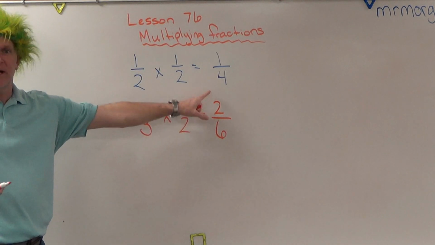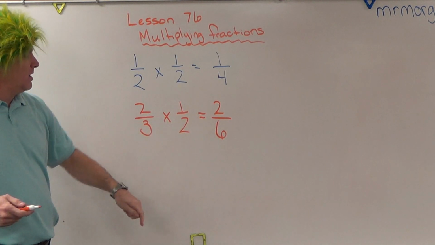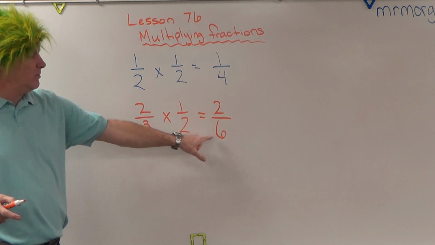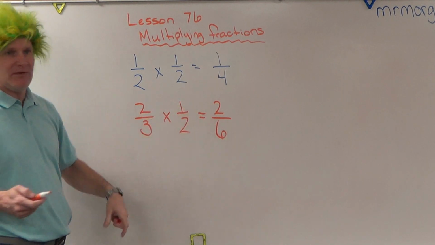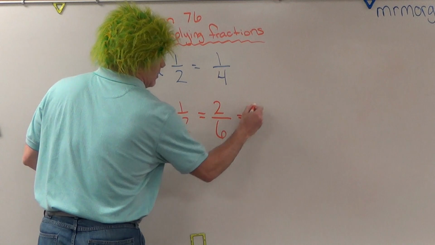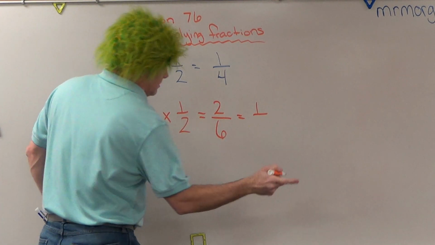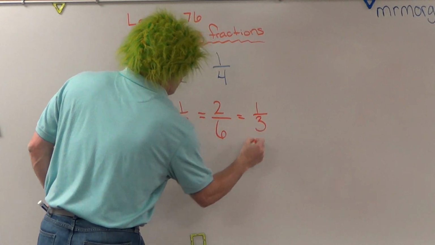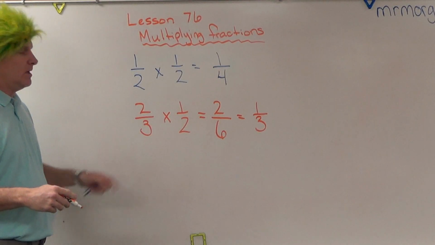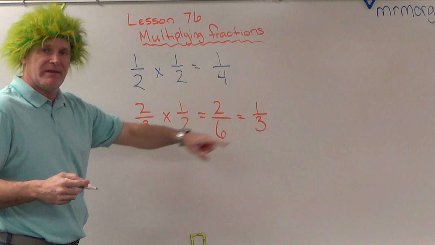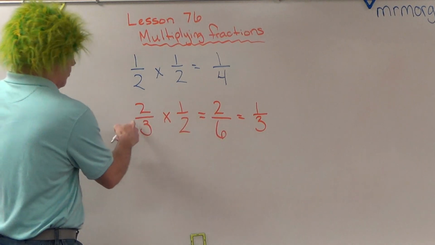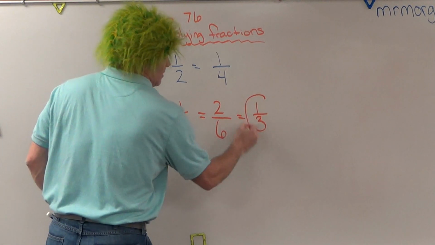We can reduce this now, right? So if we have 2 and 6, 2 goes into both of them. 2 goes into 2 one time, and 2 goes into 6 3 times. Okay? We've done this before. We've reduced a lot of that. All right? So we have 2/3 times 1/2 equals 1/3.